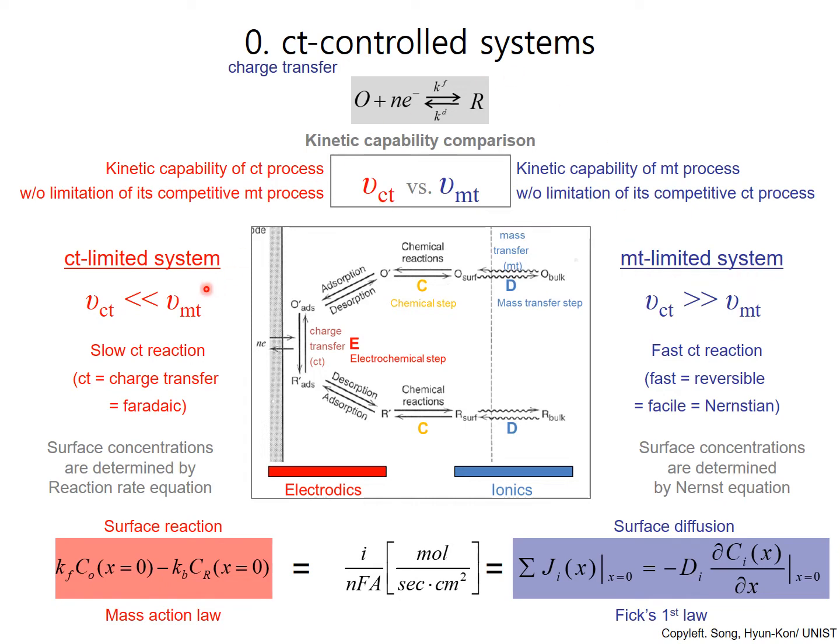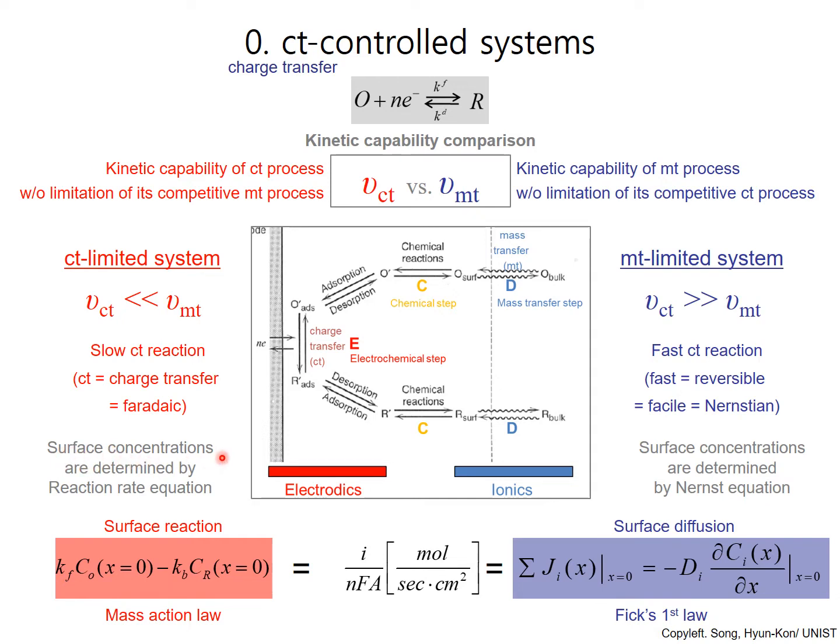Then let's go to the charge transfer limited system, which is the main topic of this chapter. The kinetic capability of charge transfer is much slower than the kinetic capability of mass transfer. So it means we have slow charge transfer reactions, where we have slow Faradaic reactions, which would be oxidation or reduction.